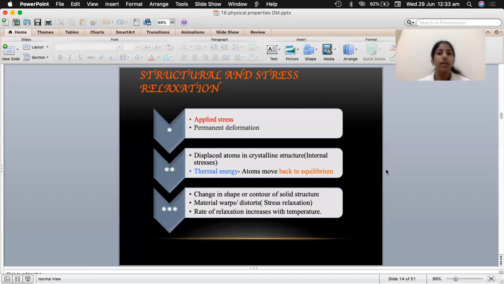That means the atoms move back to their equilibrium position. Thermal energy can move the atoms, and thermal changes can cause the atoms to relax the stress. So the rate of relaxation increases with temperature.